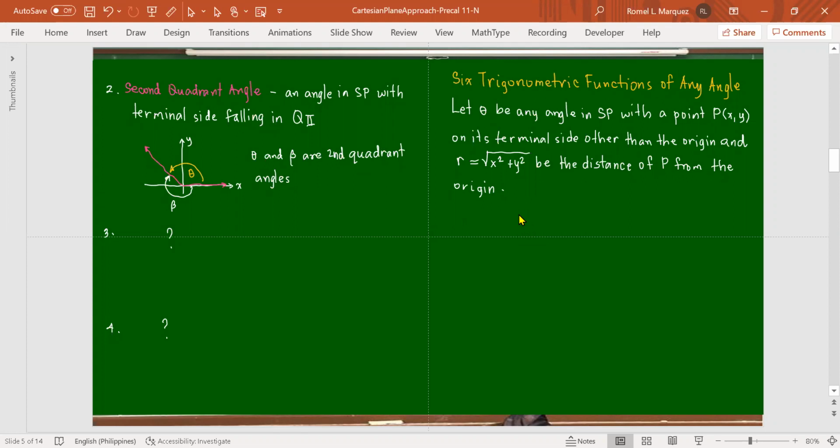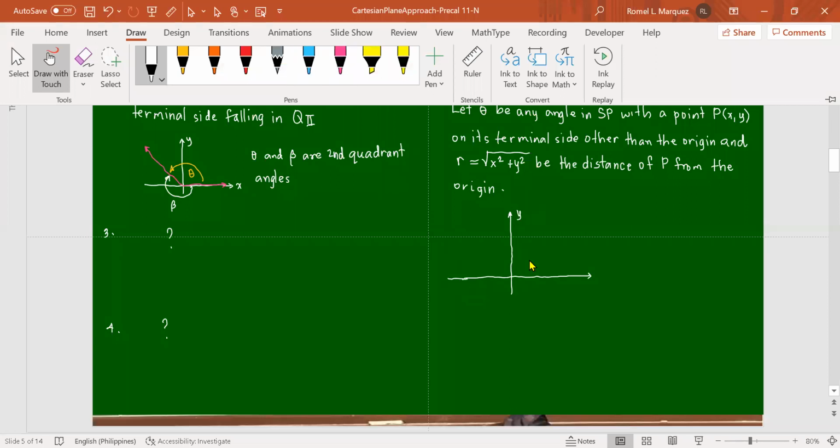So we have this Cartesian plane, the y-axis and the x-axis.